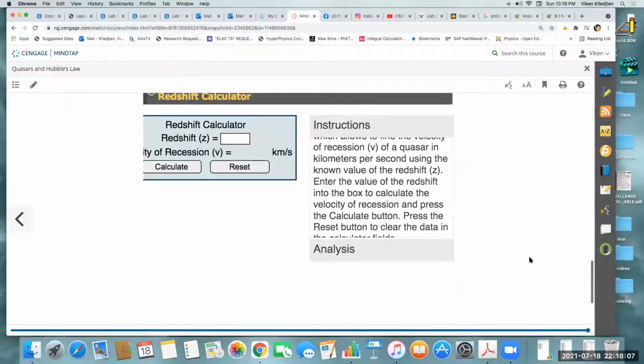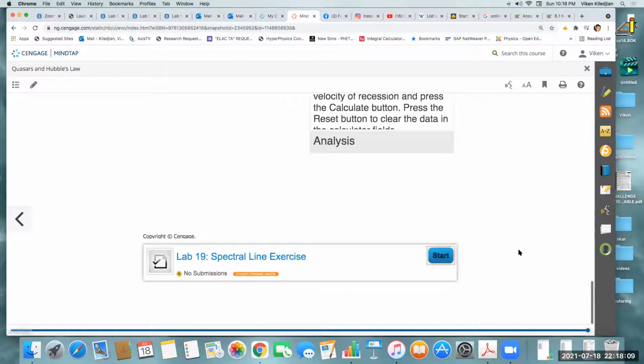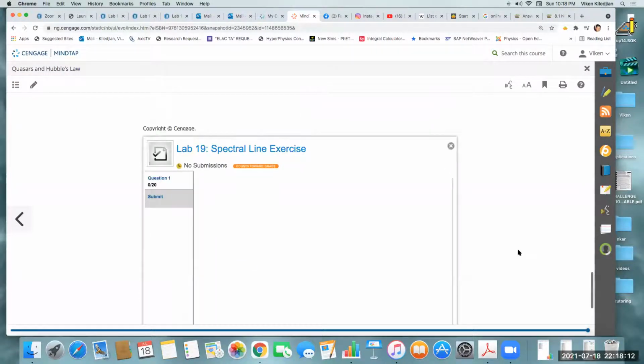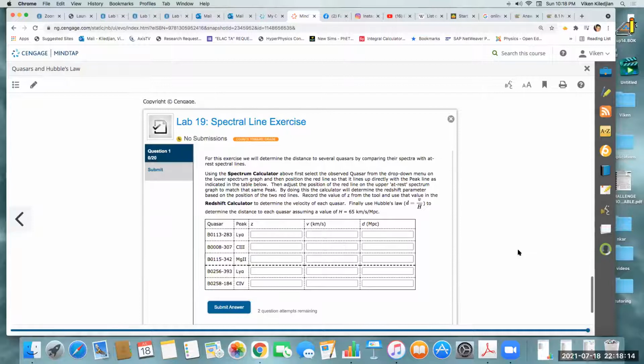Okay, so let's go to the spectral line exercise. Okay, so they're going to give us a bunch of quasars. For this exercise, we will determine the distance to several quasars by comparing their spectra with at-rest spectral lines. Using the spectral calculator, first select the observed quasar from the drop-down menu on the lower spectrum graph, and then position the red line so that it lines up directly with the peak line, as indicated in the table below.